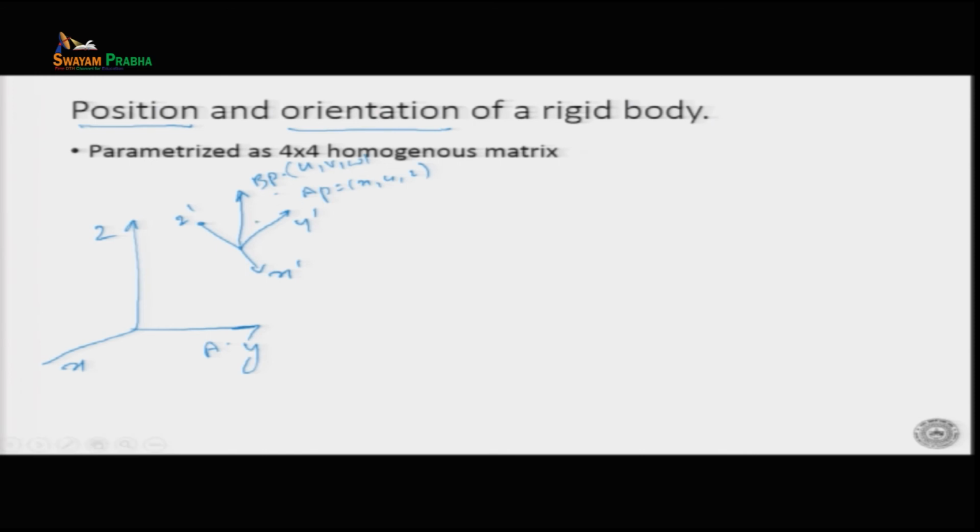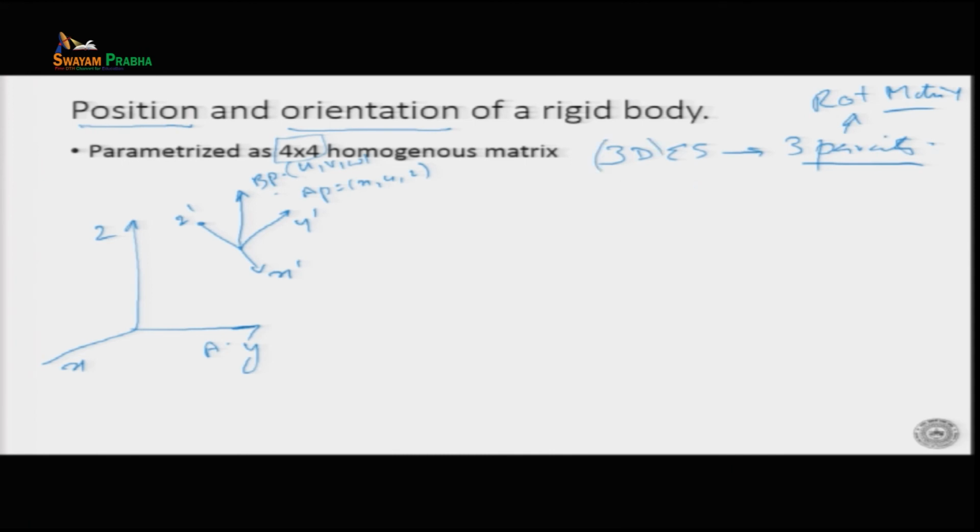What we can do here is, we cannot represent this by a 3 by 3 matrix, because in a 3D Euclidean space there are only 3 parameters, and these 3 parameters are taken up by the rotation matrix. So, the 3 parameters of the 3D Euclidean space are already gone.